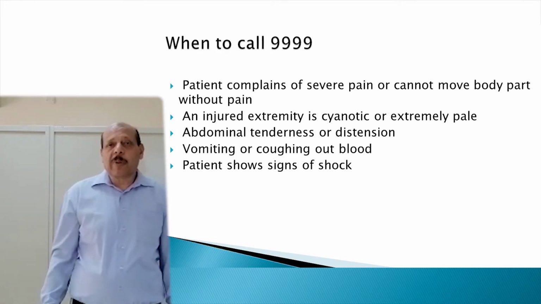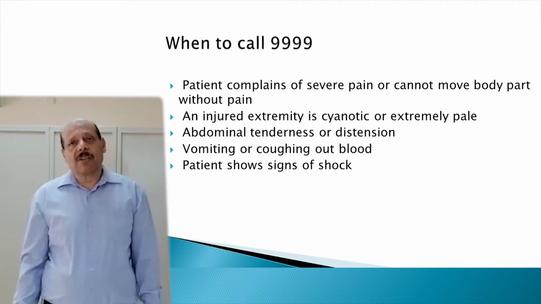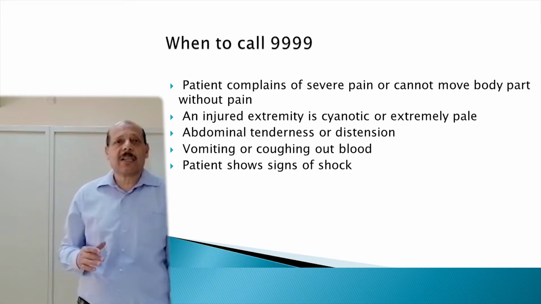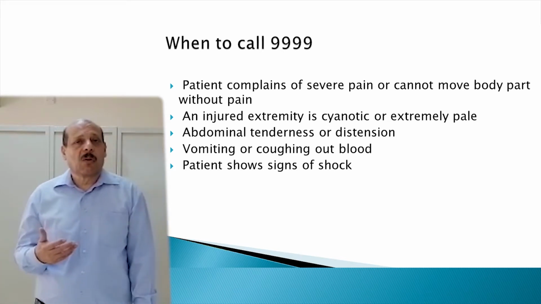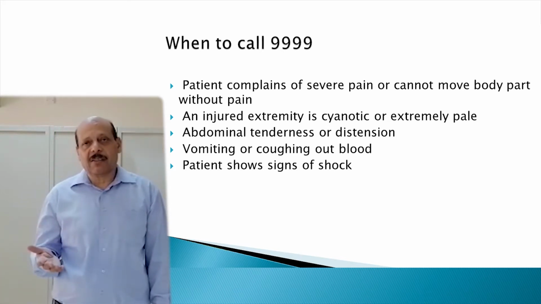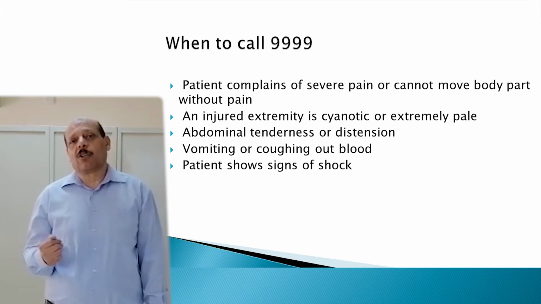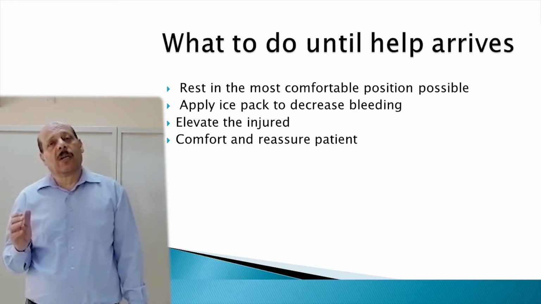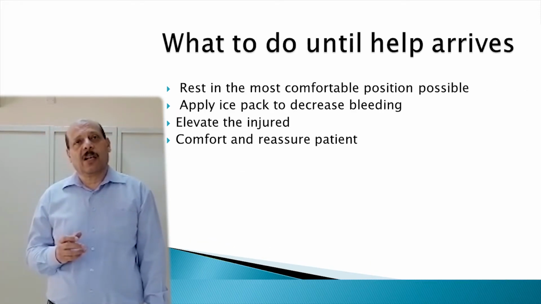When the abdomen is having tenderness or distension. When the client is vomiting blood or coughing out blood. When the patient shows signs of shock. So in those cases, we have to call for emergency help.